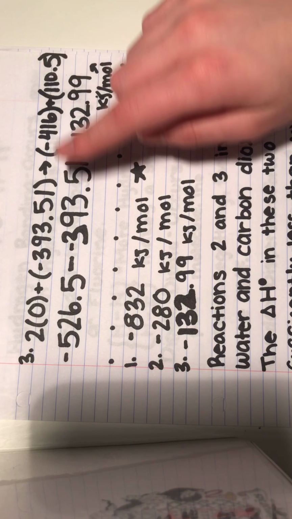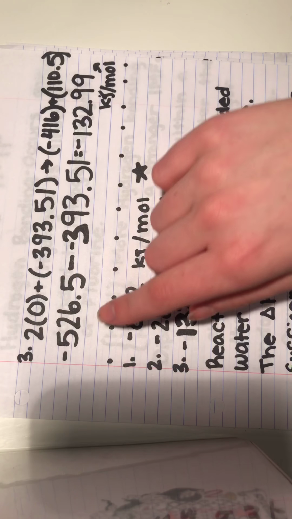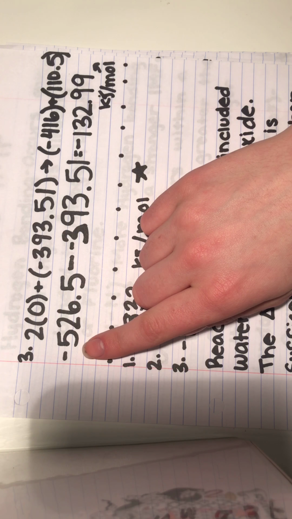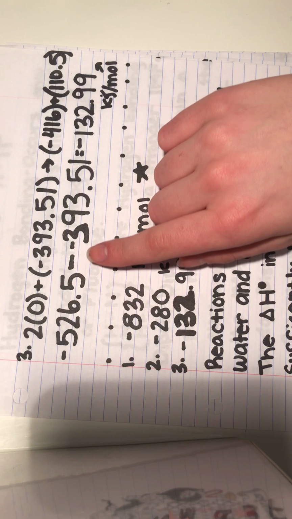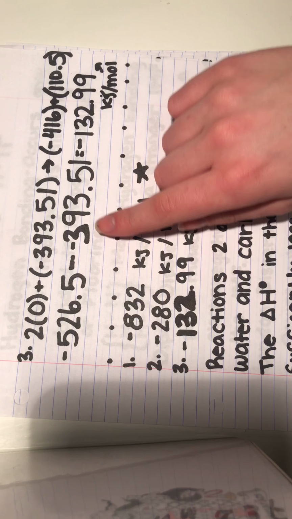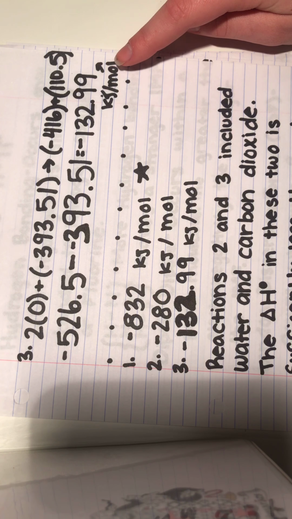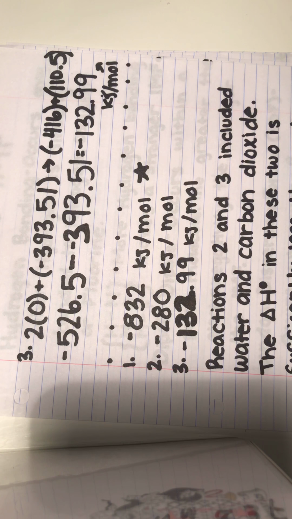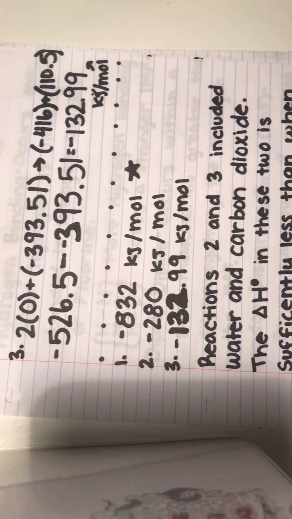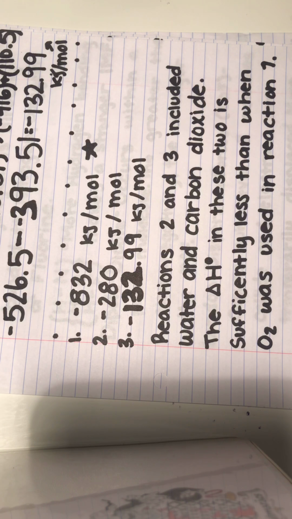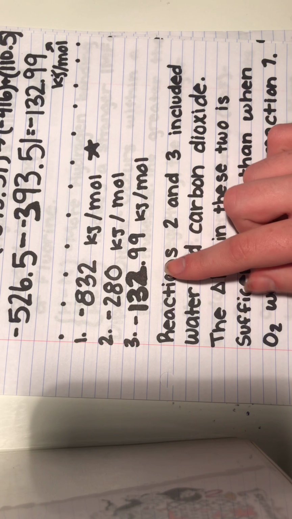Add up each side, multiply it out, put it in the proper order again. So that gives us negative 526.5 minus negative 393.51 equals negative 132.99 kilojoules per mole. So just the easier way to visualize this, I set up all our changes in enthalpies for each of those three equations.